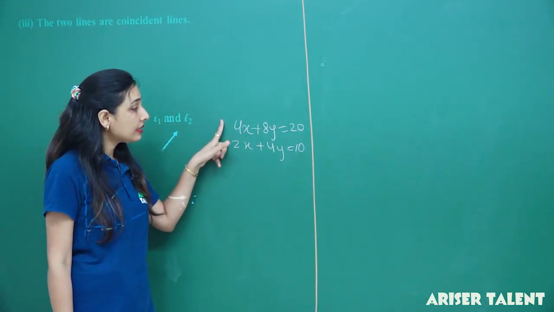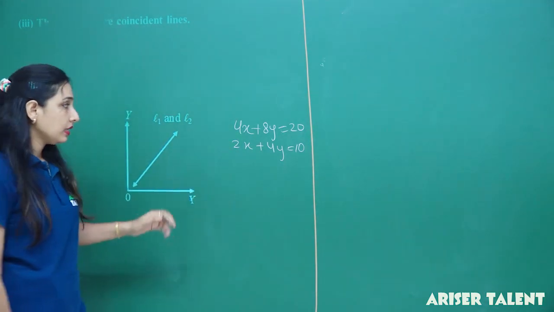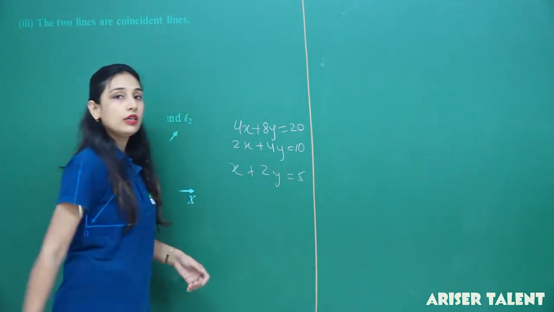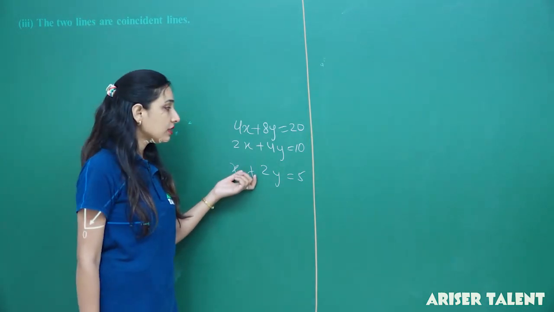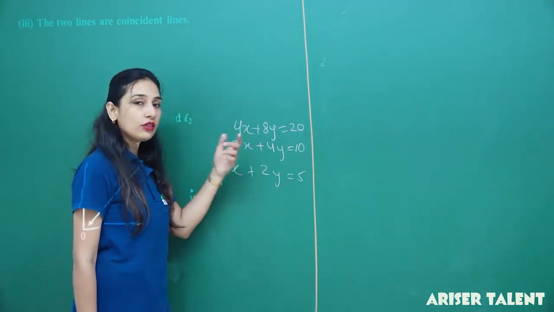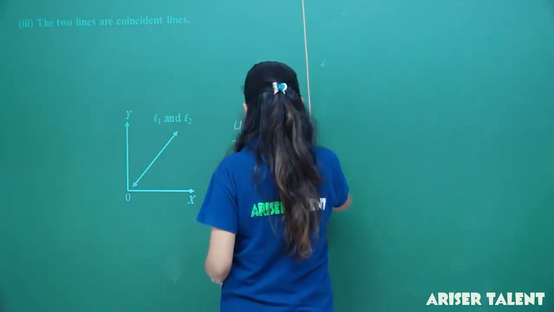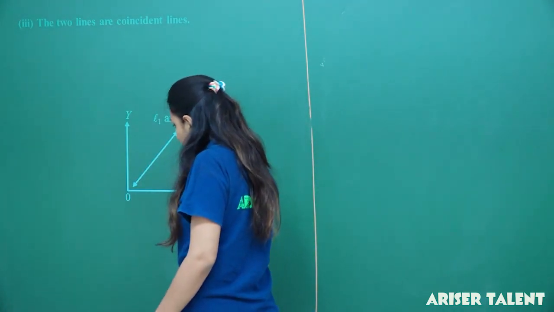Now this equation's graph and this equation's graph will be same. Even x plus 2y equals to 5, the graph of this will be same, right? The line on the graph of this equation will be same also. Okay. So L1 and L2 will coincide.